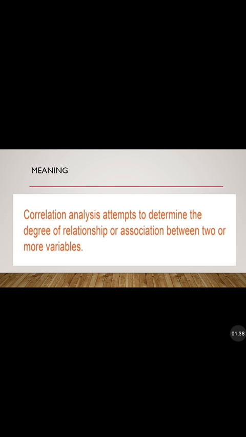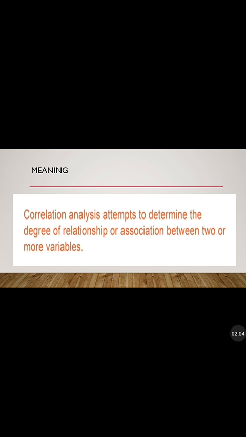If the height of the father is more, then the height of the son will also be more. Similarly, if you put more time on your studies, then your results will also be good. So there is some relationship between the two variables. When we are studying the relationship between two or more variables, it is known as correlation.